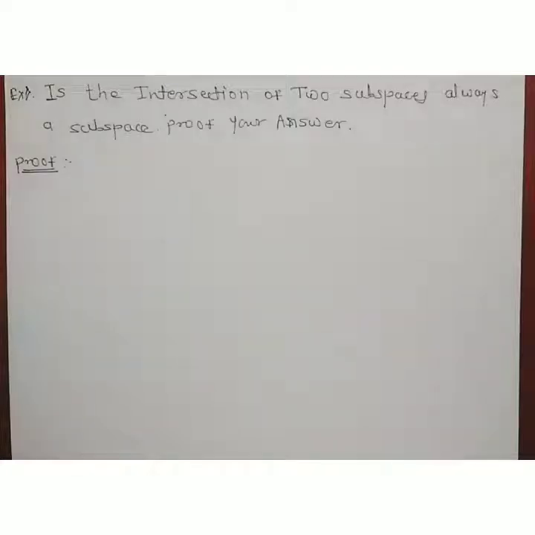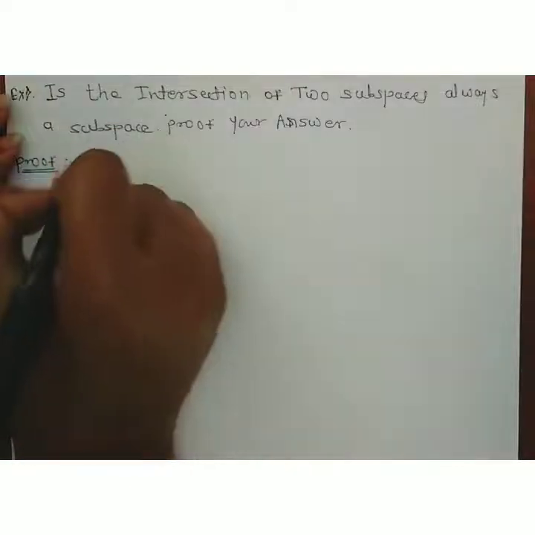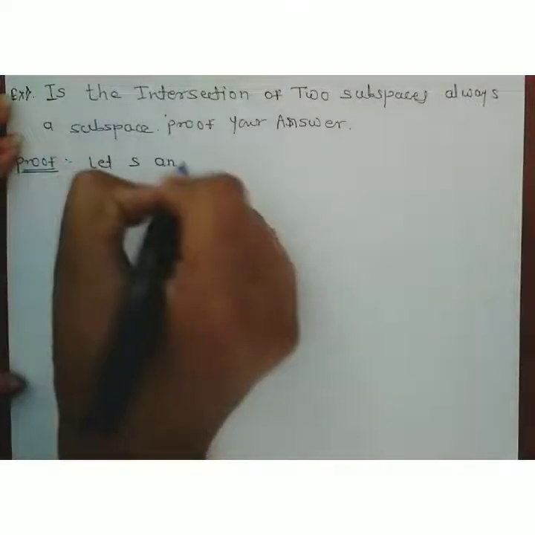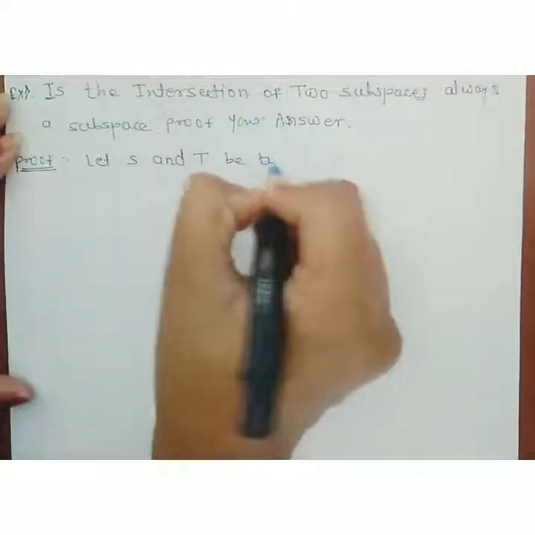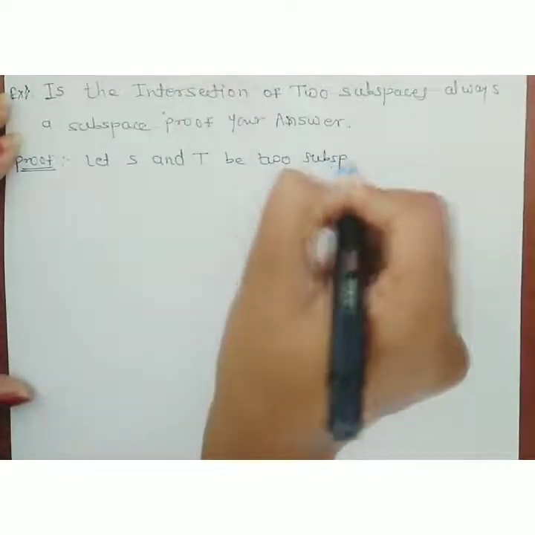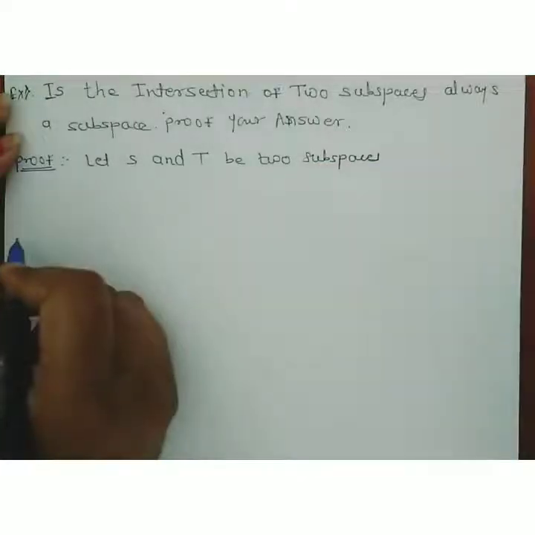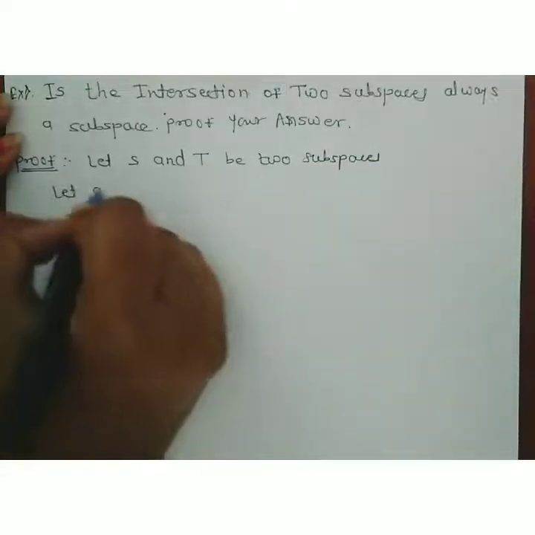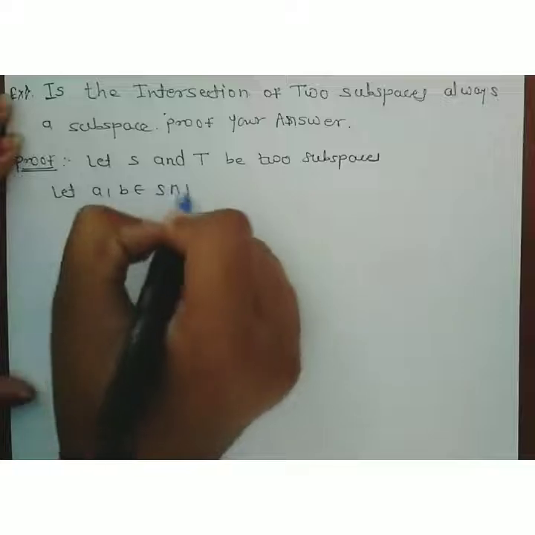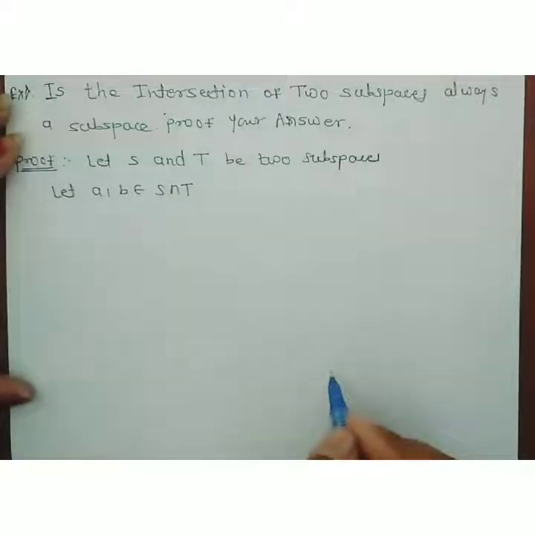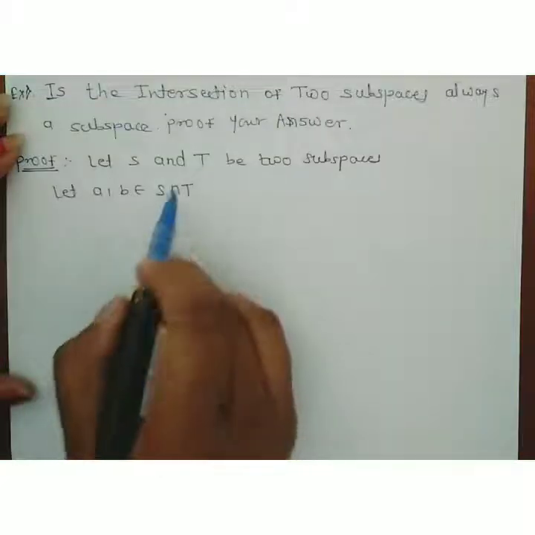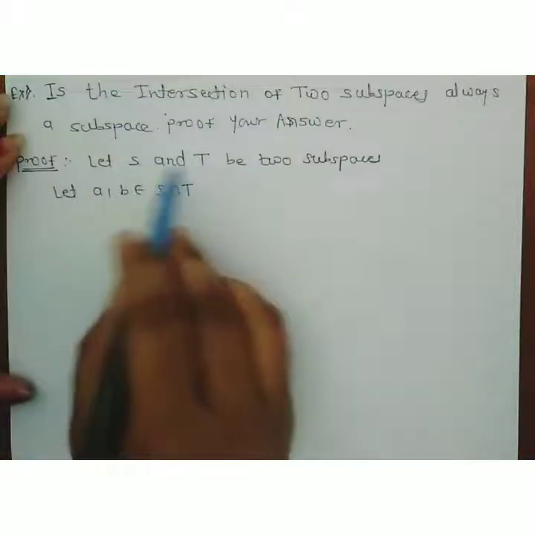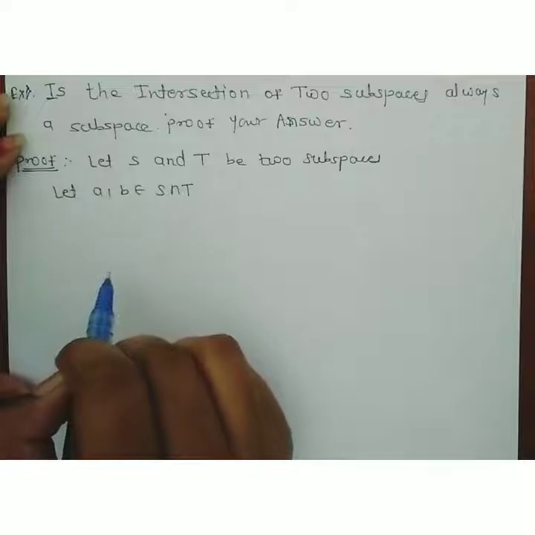So let us consider two subspaces. Let S and T be two subspaces, and let a, b belong to S intersection T. We have to show that S intersection T is again a subspace.